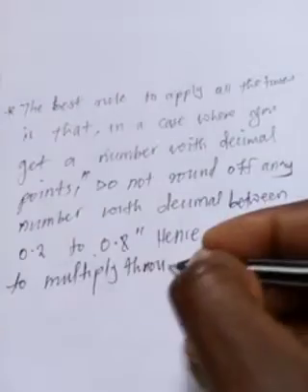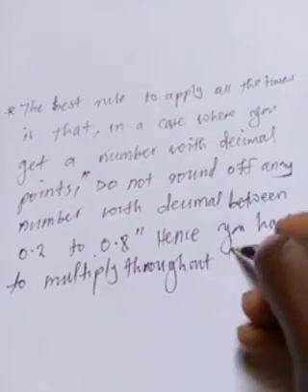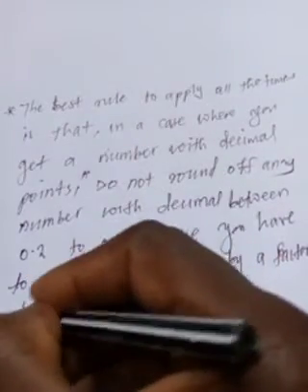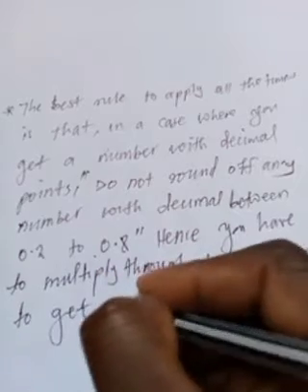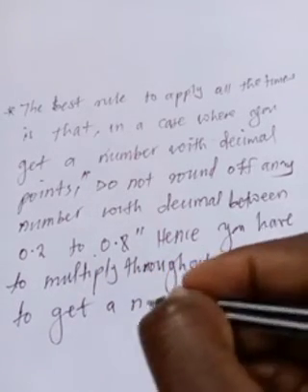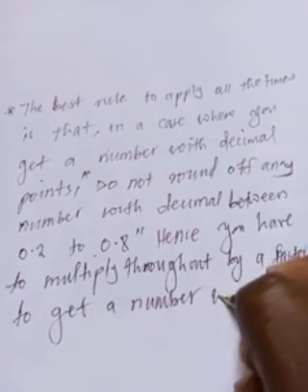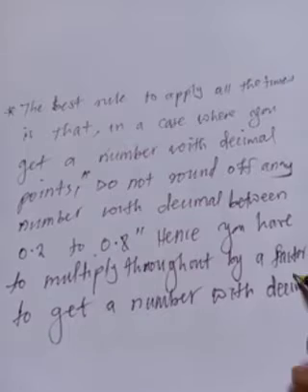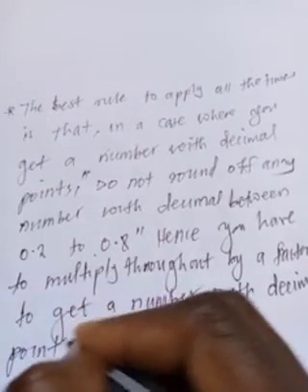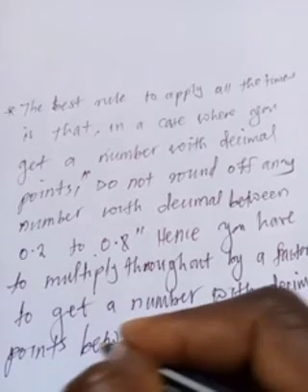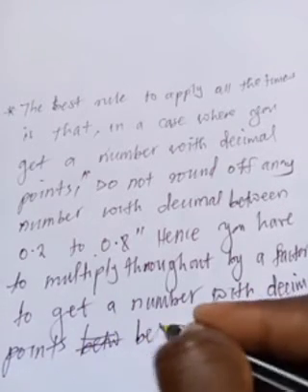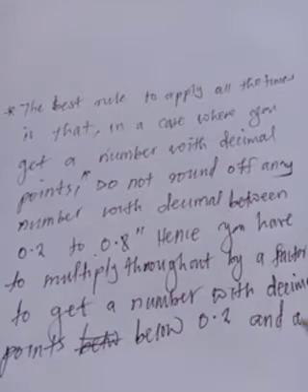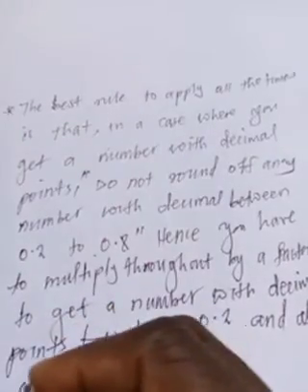So you have to multiply throughout by a number or a factor to get a number with decimal points below 0.2 and above 0.8.